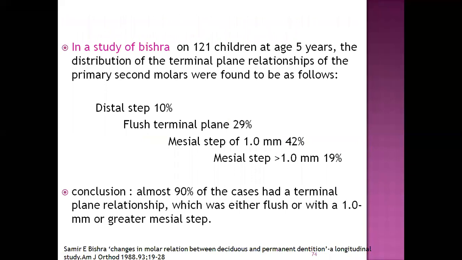In a study by Bishara on 121 children at the age of 5 years, the distribution of terminal plane relationship of the primary second molar was found as follows: distal step in 10%, flush terminal plane in 29%, mesial step of 1 mm in 42%, and mesial step greater than 1 mm in 19%.